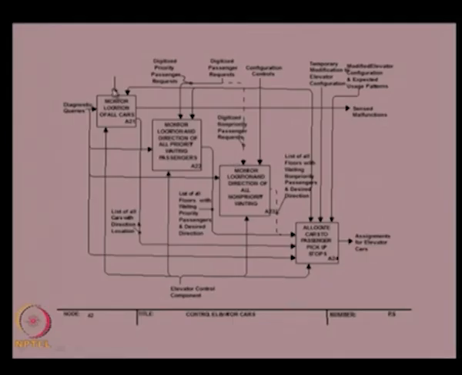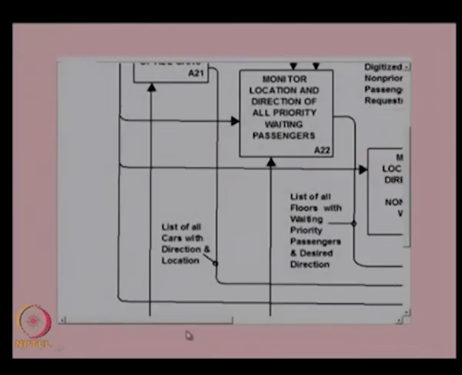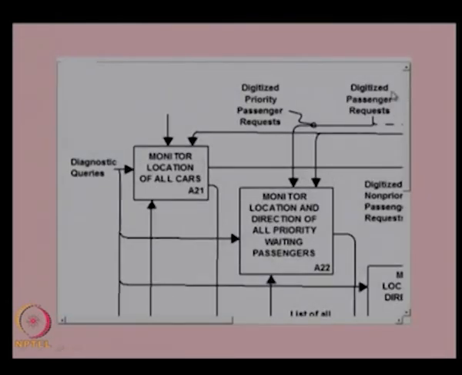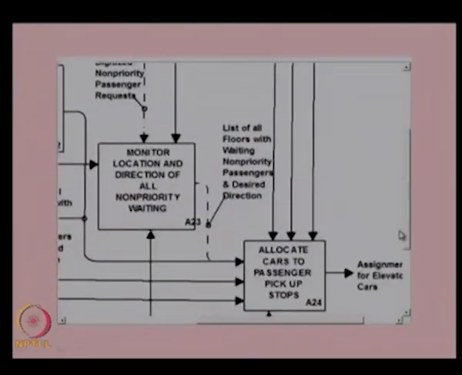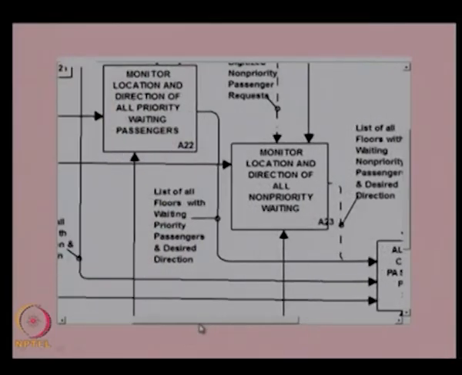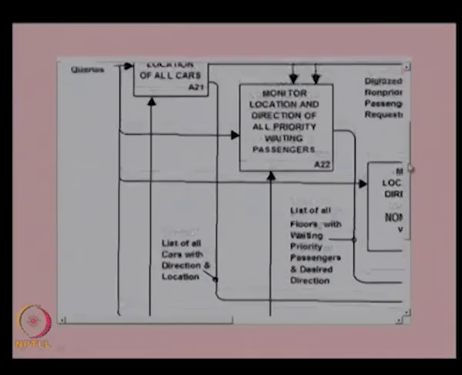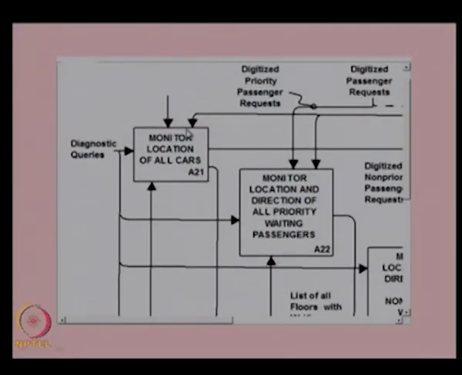The first function is monitor location of all cars. Let us see the input and output of this function. The diagnostic queries will be there, and inputs will come from the passenger. One of the inputs is allocate cars to passenger, and that information will also go to monitor the location of the cars.